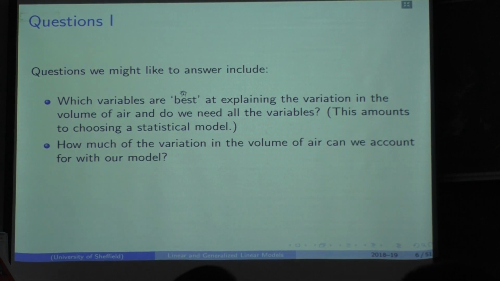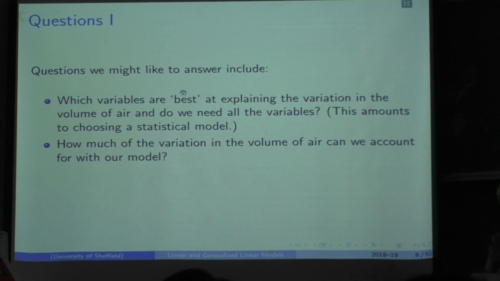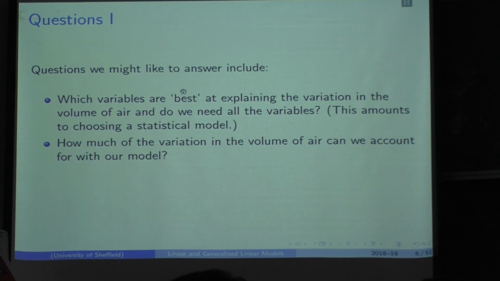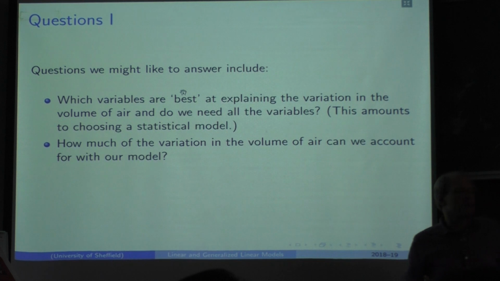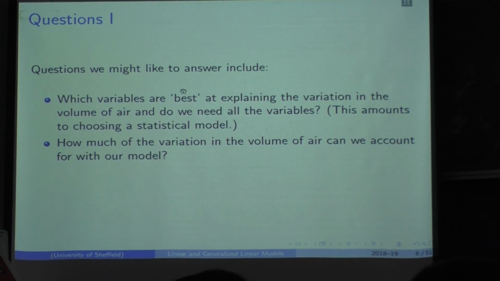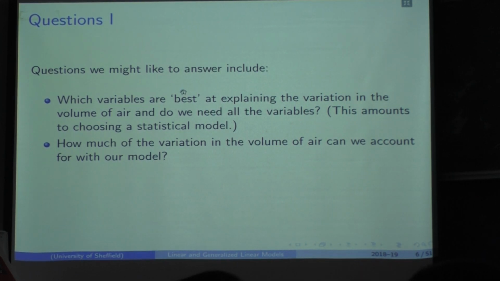Okay. Another question, which is slightly different, is how much of the variation in the volume of air the patient expels can be predicted with our model. So how much leftover variation is there which isn't explained by our possible explanatory variables? So we might well expect that there are some other features of the patient.